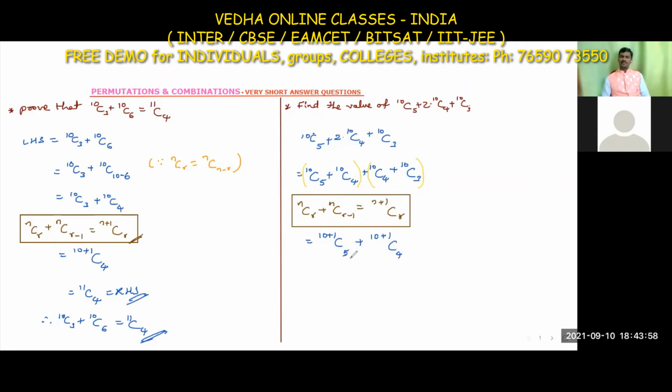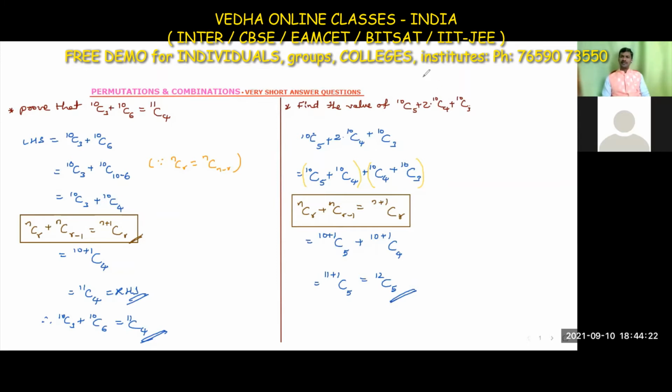Once observe carefully, 10 plus 1, 11, 10 plus 1, 11. So 11, 11 are equal. So 11 plus 1 C, 5 and 4. Bigger is 5, write the 5. So 11 plus 1 is 12, 12C5. 12C5 is the required solution.